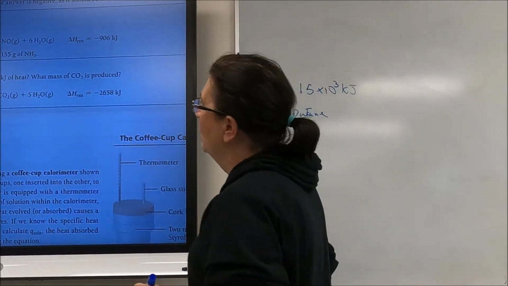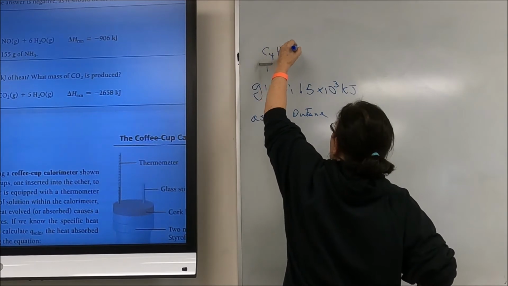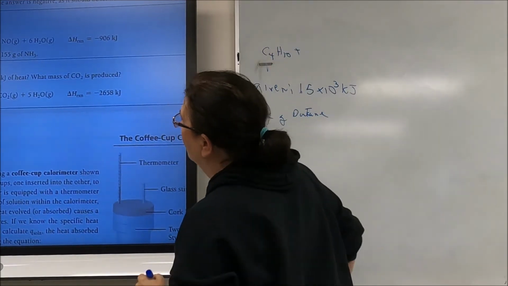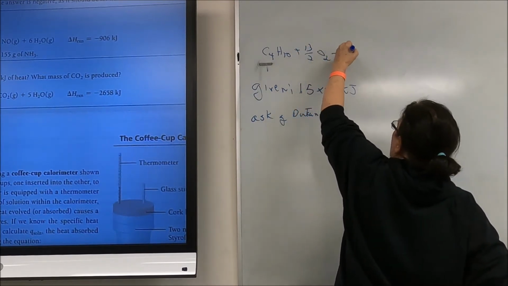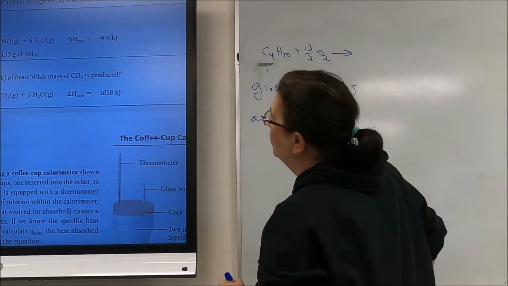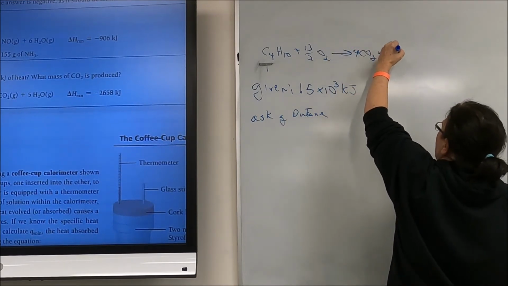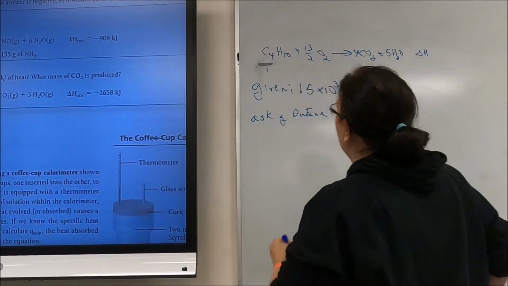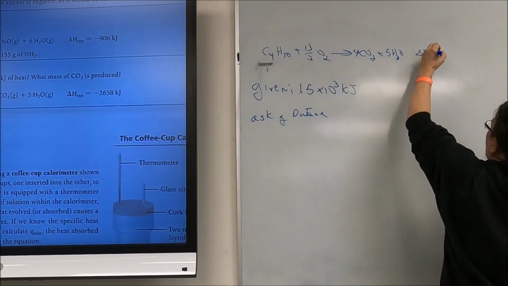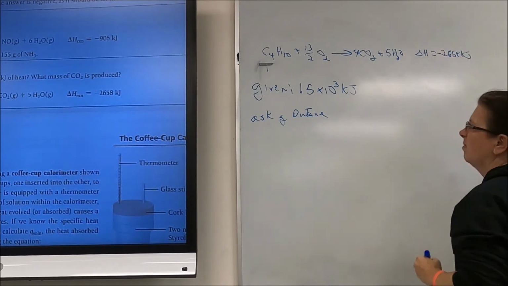and we're asked grams of butane. Now, the reaction we've got is C4H10 plus 13 halves O2 going to 4 CO2s, 5 waters, and delta H here is equal to minus 2,658 kilojoules.